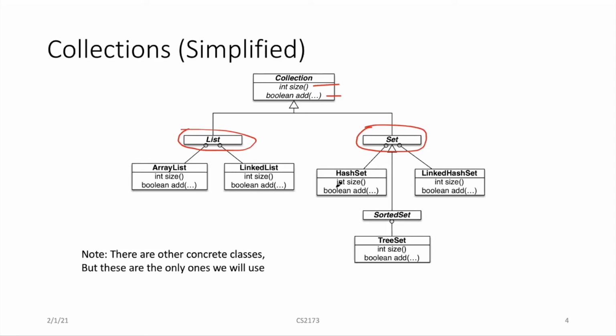In other words, if I have a set of things, I can't say, give me the third one. There's no such thing as the third one. The second thing is that I cannot have duplicate elements. So if I put 3 in a set, and I put 3 in the set again, I only have one 3. I don't have two. Whereas on a list, if I add 3 twice, I have two copies of the 3.